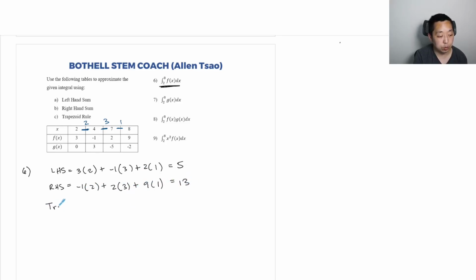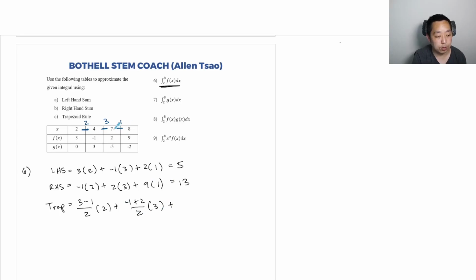And then trapezoid rule, what you're going to do is average the two. So on the interval width of 2, you're going to average the 3 and the -1. And then similar thing here, I'm going to average the -1 and the 2 times the interval width, right? Still rectangles, it's just the height of the rectangles is the average of the 2.